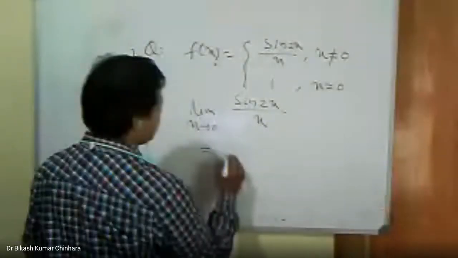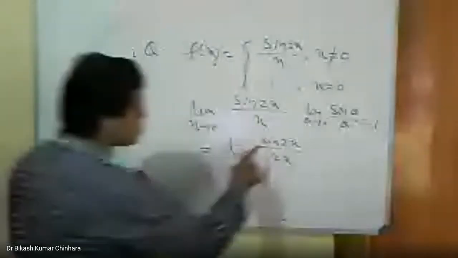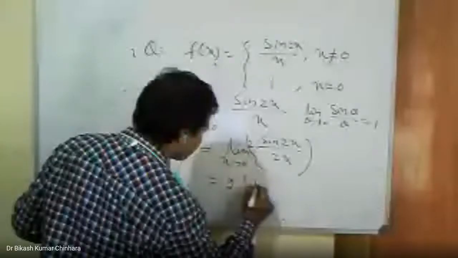So you have to use this formula, sin theta by theta, because here 2x is there. This is 2, so the 2 gets cancelled. It is the same expression, x tends to 0, and it becomes twice into limit of sin 2x by 2x.